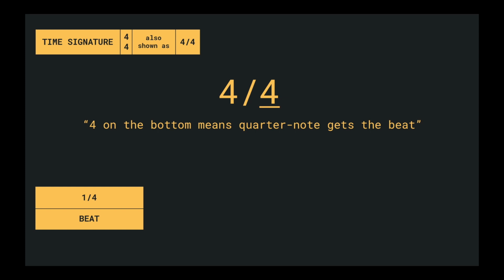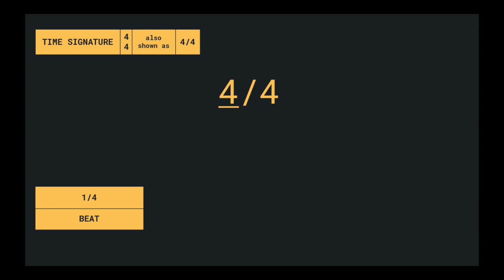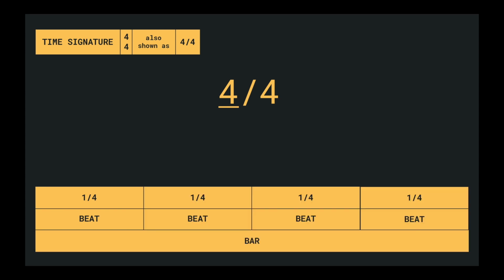For now, just think of it this way: 4 on the bottom means the quarter note gets the beat. How about the numerator? This numerator indicates something important of our latter point of interest. Bars. To no surprise, bars are composed of beats. A numerator of 4 means every 4 beats, or 4 quarter notes length, is equal to 1 bar.